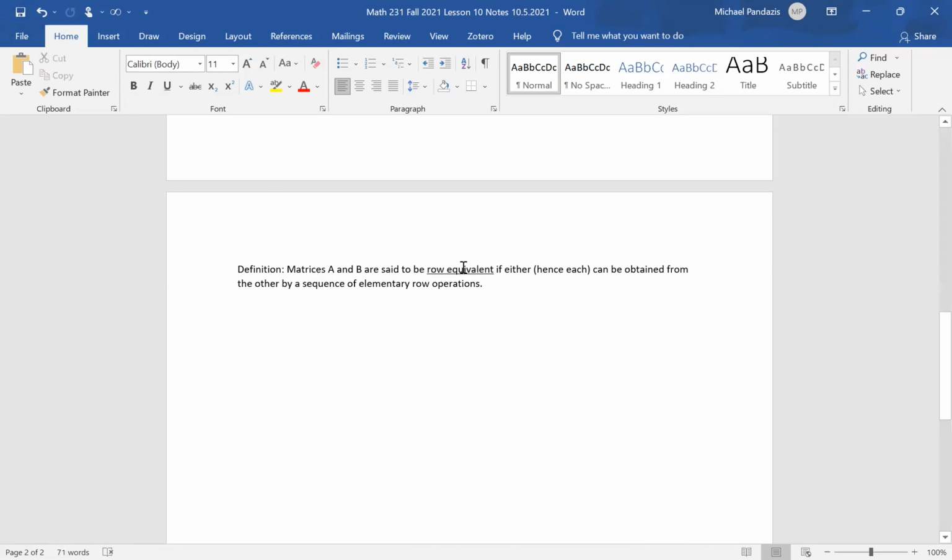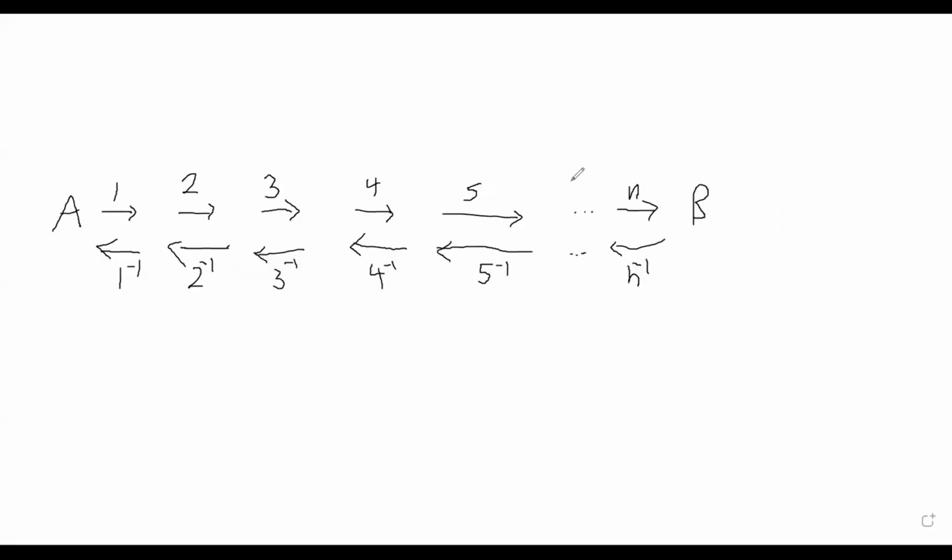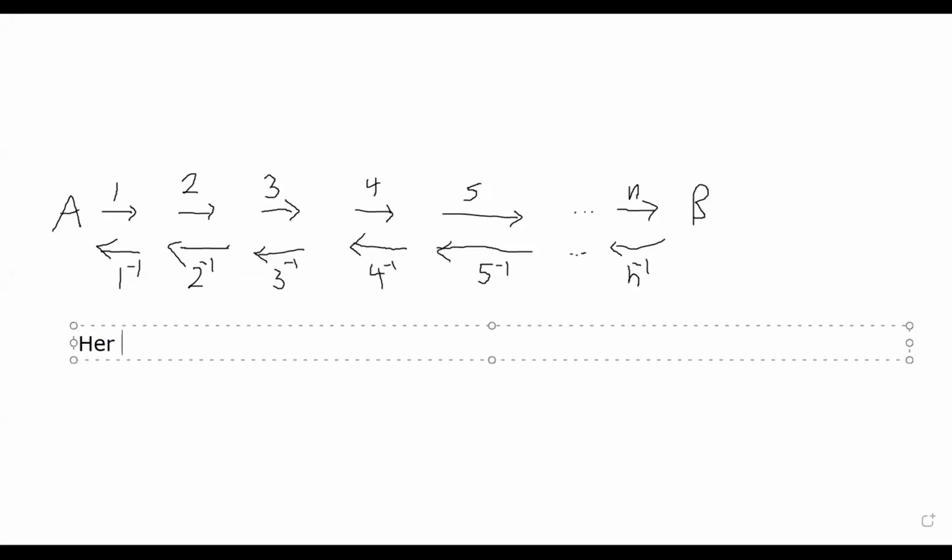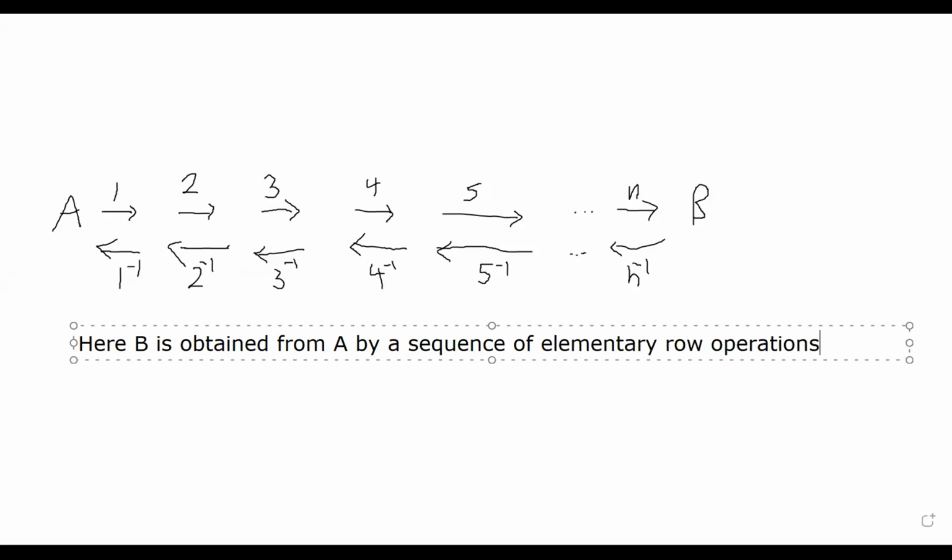That's the definition of row equivalent matrices. Two matrices are row equivalent if either of them can be obtained from the other by a sequence of elementary row operations. So here, A and B are row equivalent. Okay, so here, B is obtained from A by a sequence of elementary row operations.